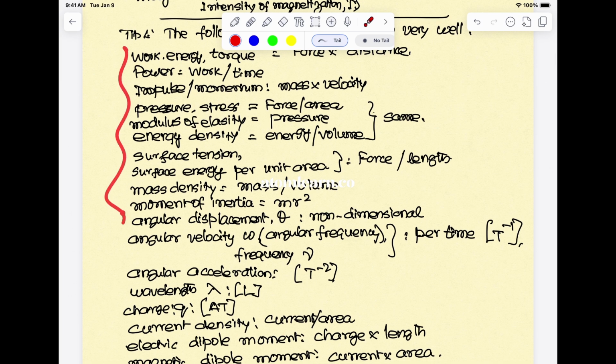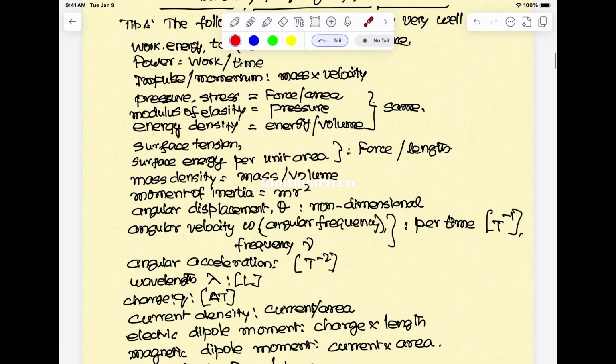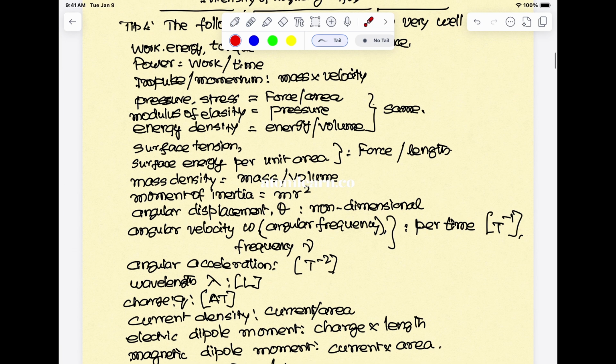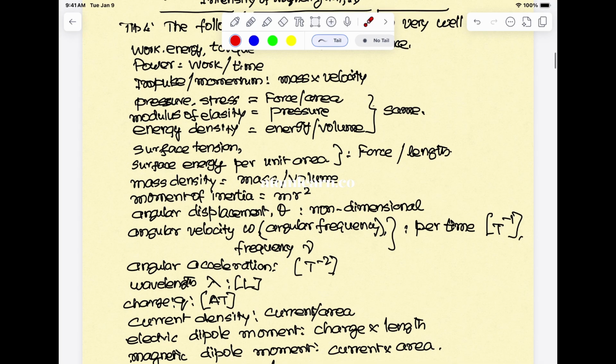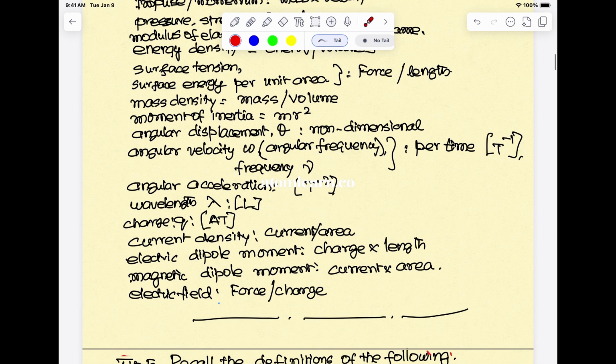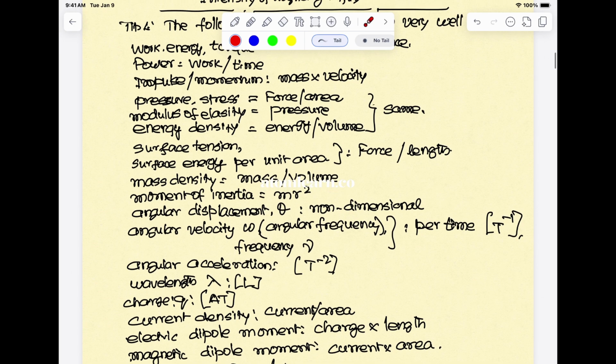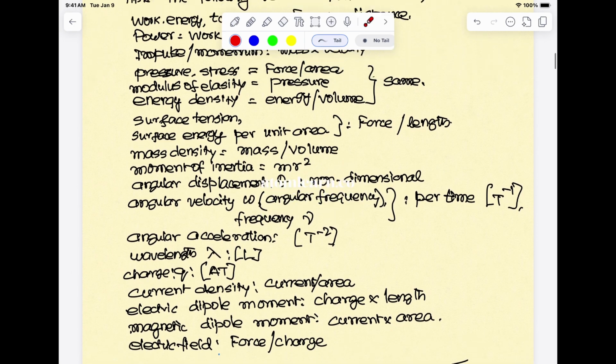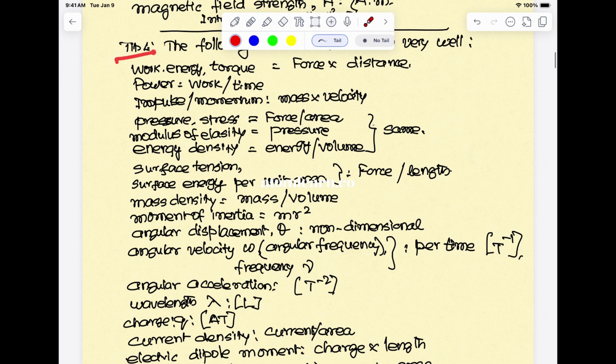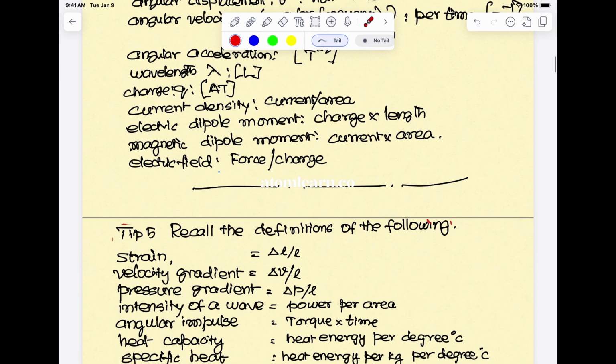Tip number 4 is, for these quantities you don't have to do anything special because you would know the definitions by heart. Use the definition and then use those 4 fundamental dimensions to find the dimension. Just go through what kind of quantities are in this list. Tip number 4 is covered.